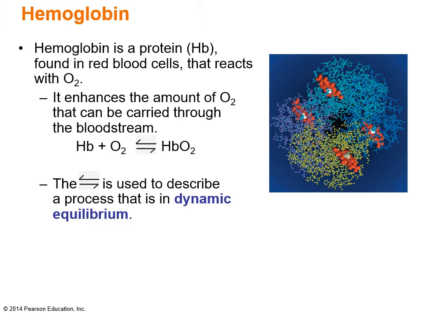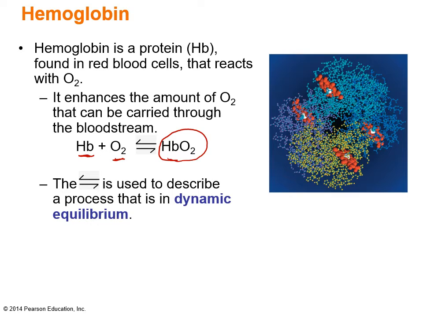Now, the concentrations of hemoglobin and oxygen and the complex, when they bind together, are all interdependent, and we can represent them by the chemical reaction Hb, representing hemoglobin. We've got the oxygen that enters our body through our lungs, and it forms a new bound complex of hemoglobin and oxygen.